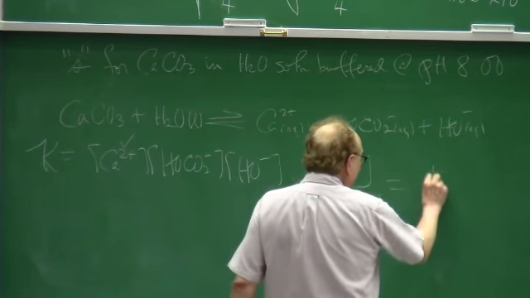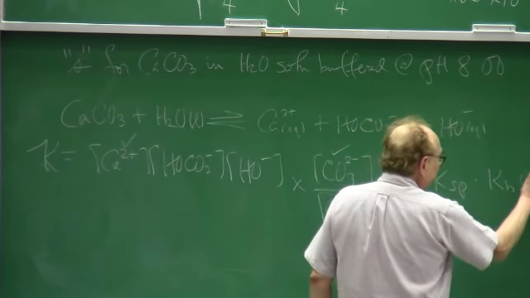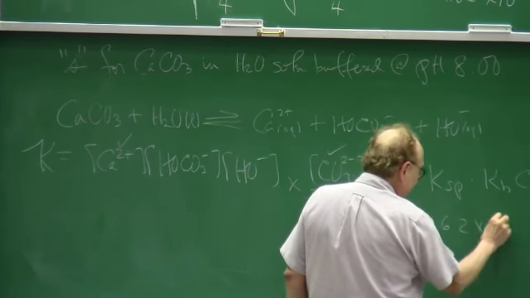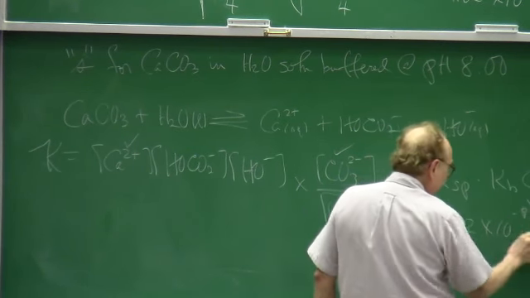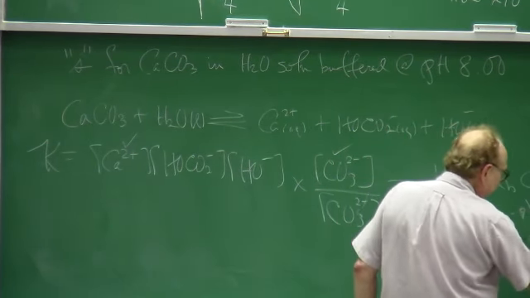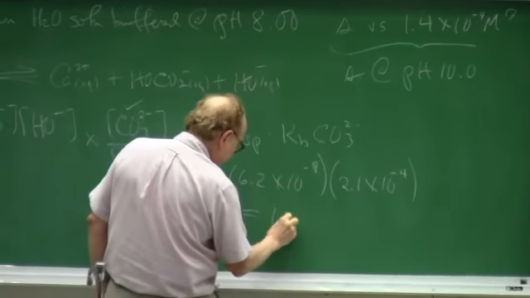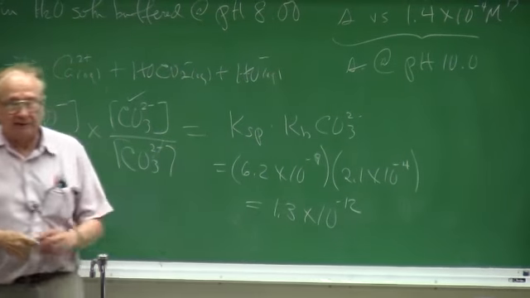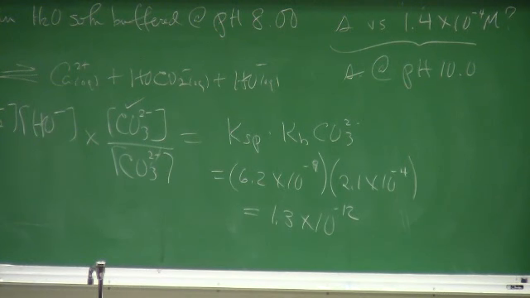Absolutely. So here we go. I better check the number, but I think that's right. You looking at it in the notes? Yeah. That it? Right? 1.3 times 10 to the minus 12?